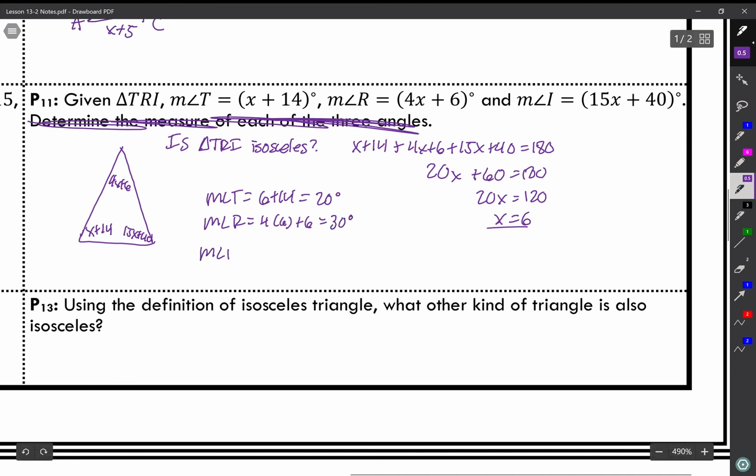The measure of angle I equals 15 times 6 plus 40. 15 times 6 is 90 degrees plus 40 equals 130. So it is not an isosceles triangle because none of those angles are equal. So I'm just going to say not isosceles, and that's because none of the angles are equal.